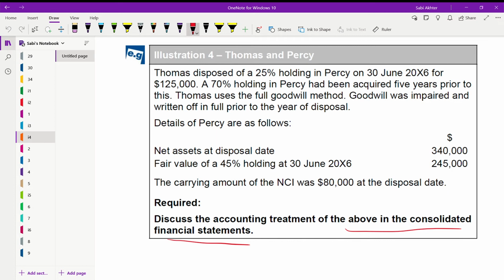Sometimes when you calculate, you need to discuss that. So Thomas disposed of 25% on 30th June 2006 for 125,000. It was a 70% holding. That means 70 minus 25, it becomes 55. 55 or 45? 45, right? 45.